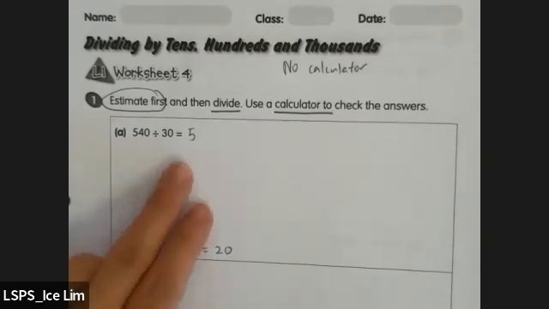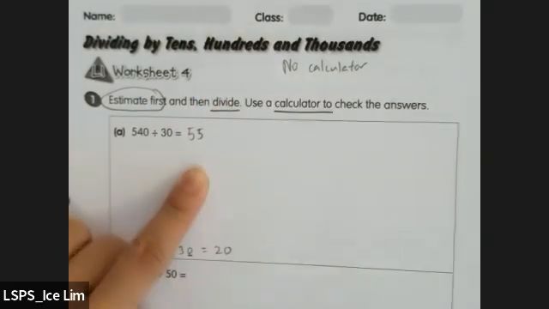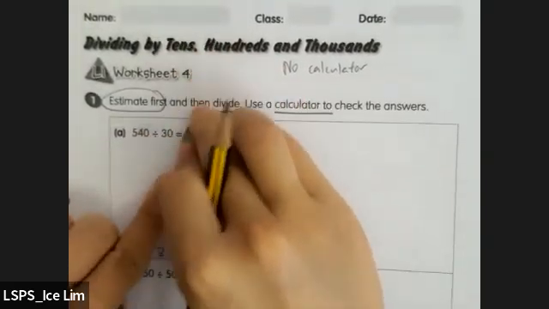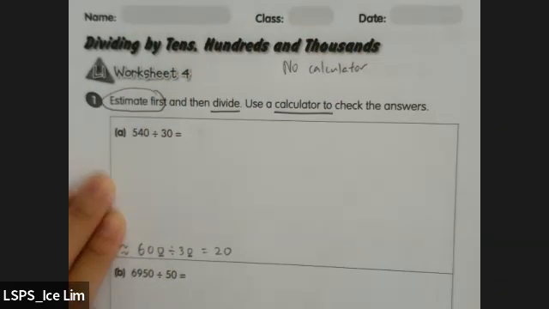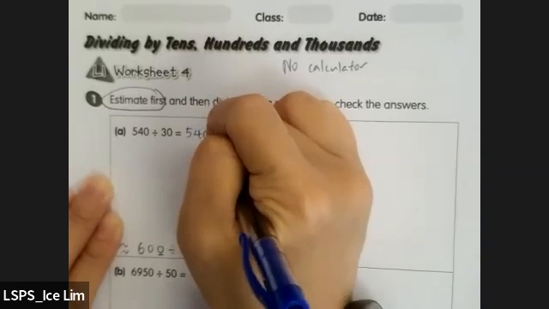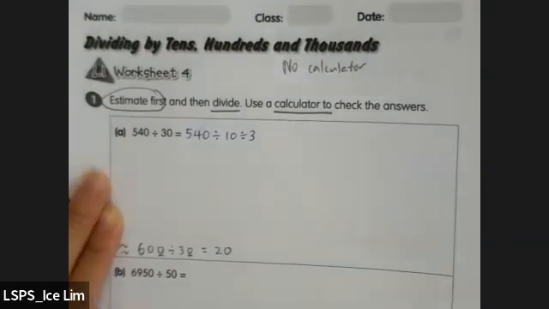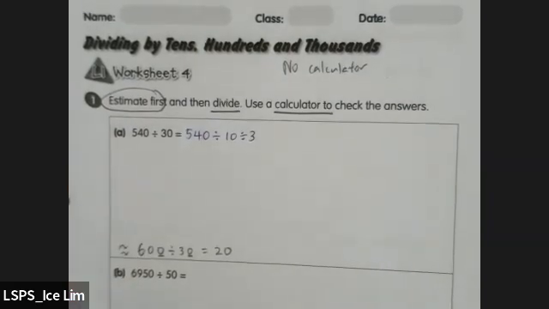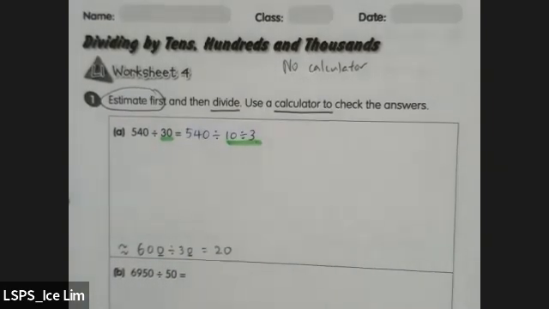Now, if I do the problem, because 30 is 3 times 10, I do 54 divided by 10, then divide by 3.